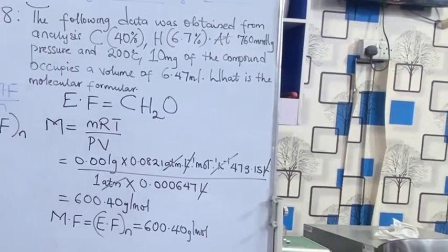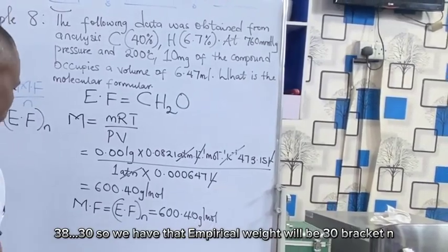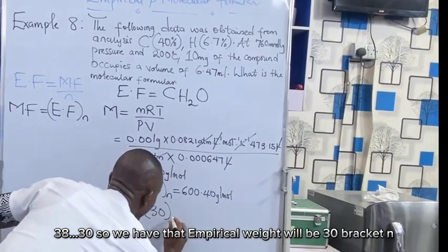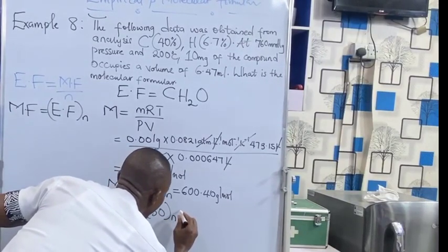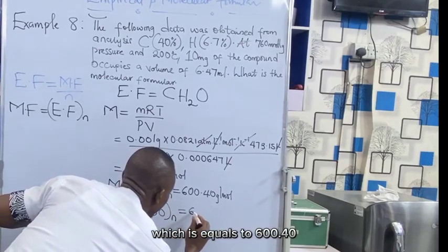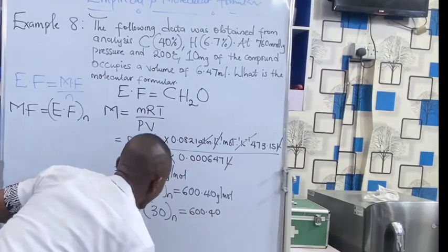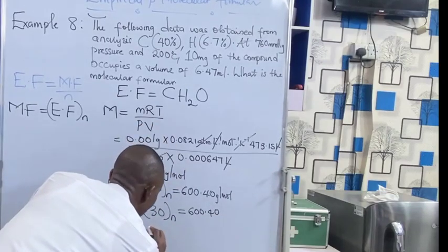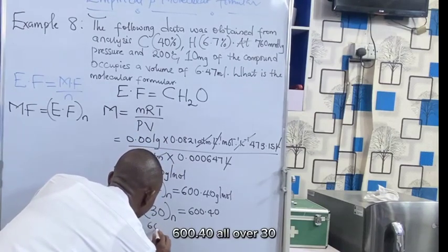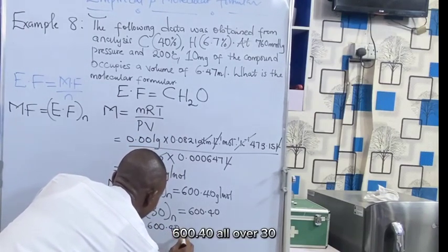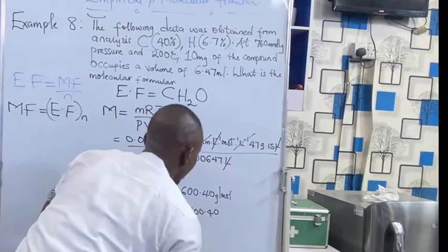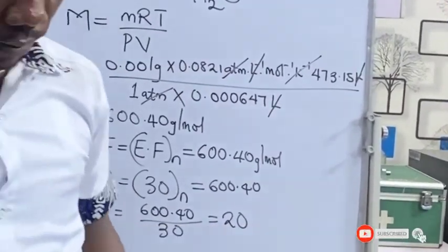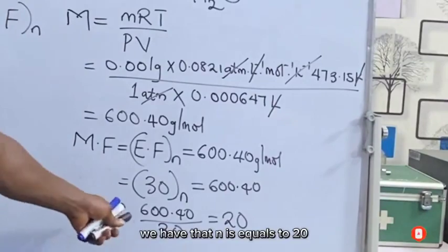That will be 28, that will be 30. So we have that empirical weight, 30 times n, equals 600.40. So doing that, our n here will be equal to 600.40 all divided by 30. When we do that mathematically, we have n equal to 20.